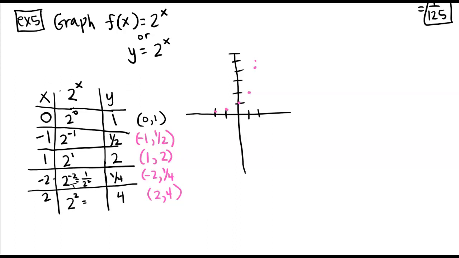All right, so it's going to be something like this, and it might not be clear to you just looking at the graph, but this part of the graph is just going to keep getting closer and closer and closer to the x-axis, but it's never going to touch the x-axis.